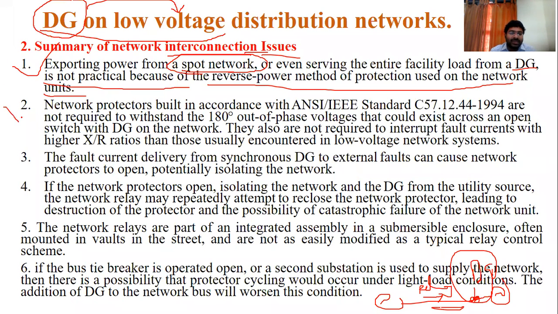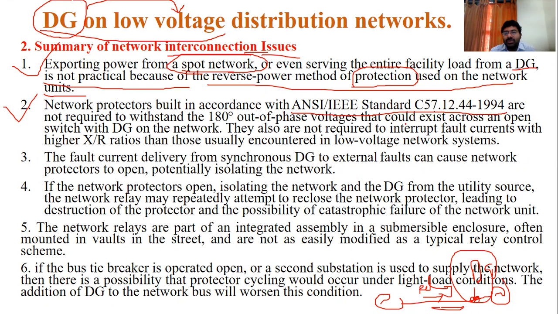So what is the second case here? Our protective equipment is designed based on the ANSI IEEE standard. The standard number is C57.12.44-1994. We built this protective system, the reverse power protective system, according to it.